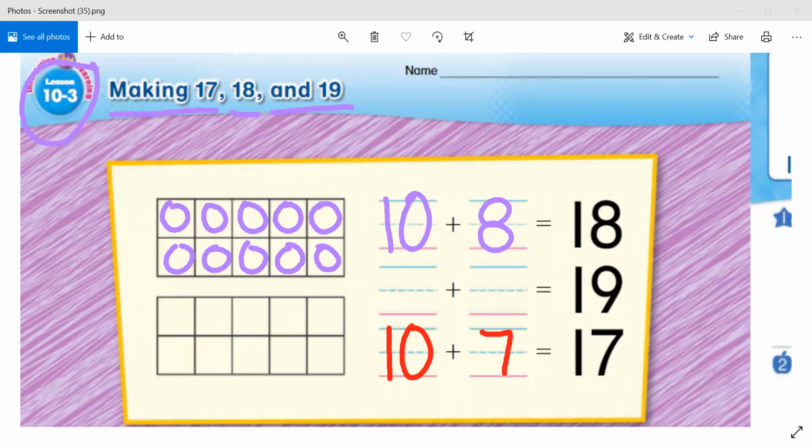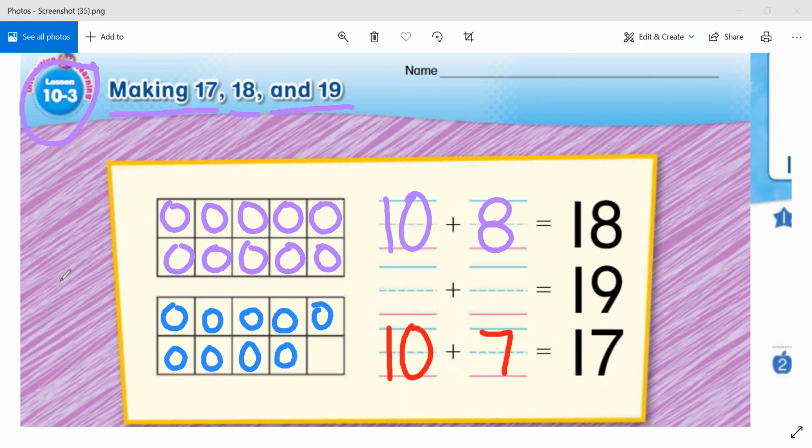We have our 10 on the top. How many more do we need to show 19? So we start with 10, 11, 12, 13, 14, 15, 16, 17, 18, 19.